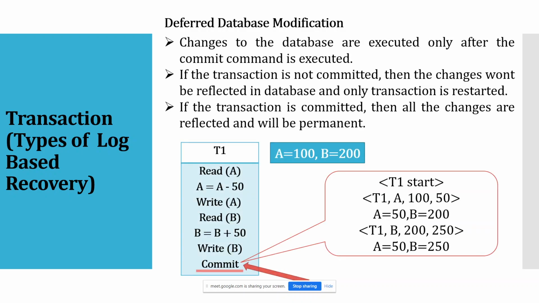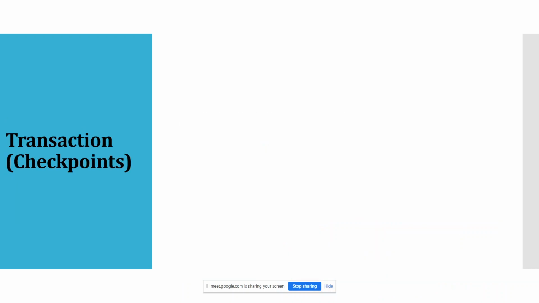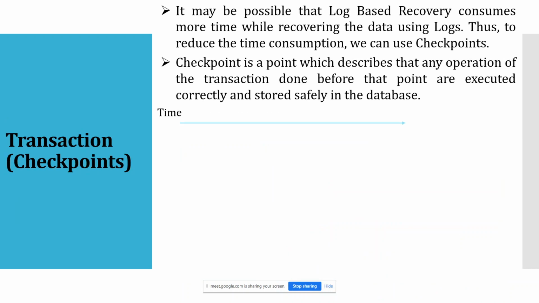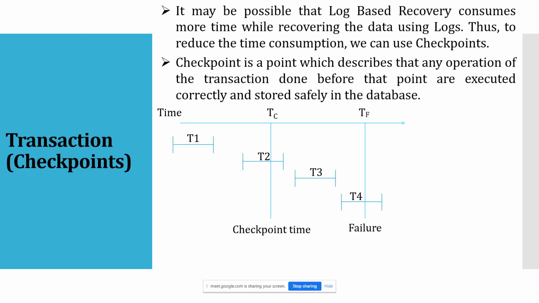But we know that log based recovery could be very time consuming, so we have checkpoint based recovery, in which we have a clear idea of which transactions completed before the checkpoint, which started but did not commit before the checkpoint, and which started after the checkpoint.